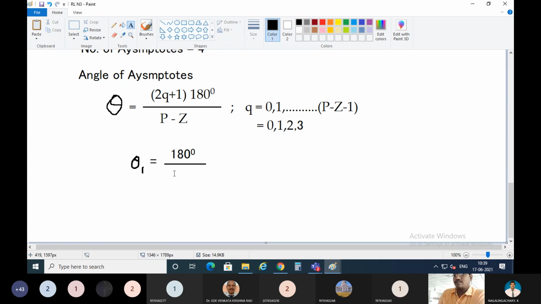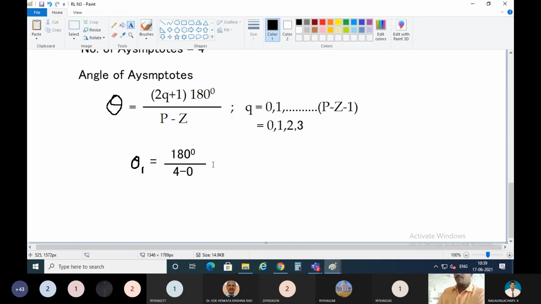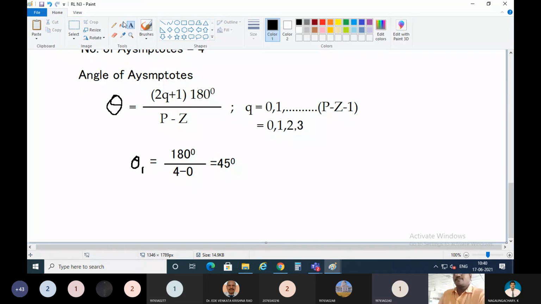So the first one is 45 degrees. Next, what is theta 2?